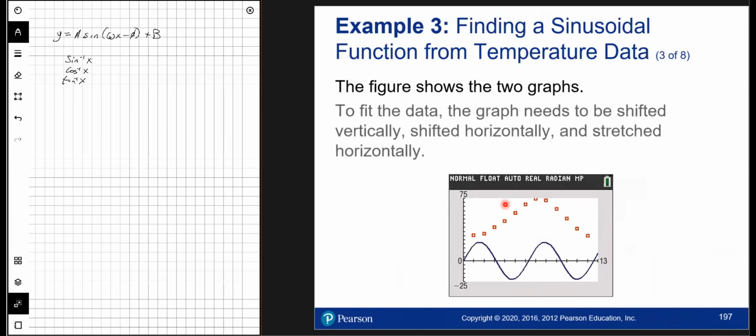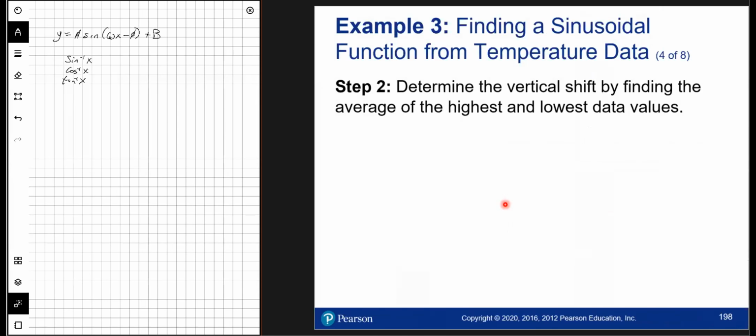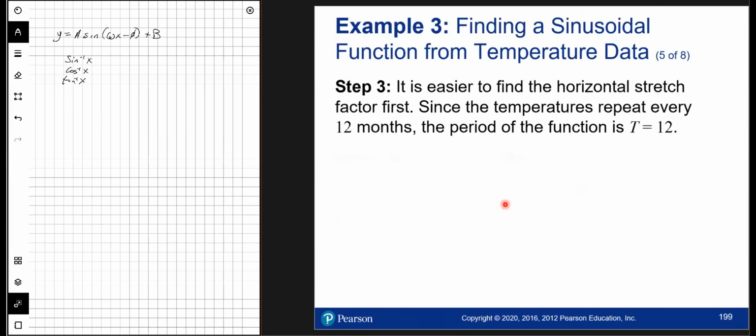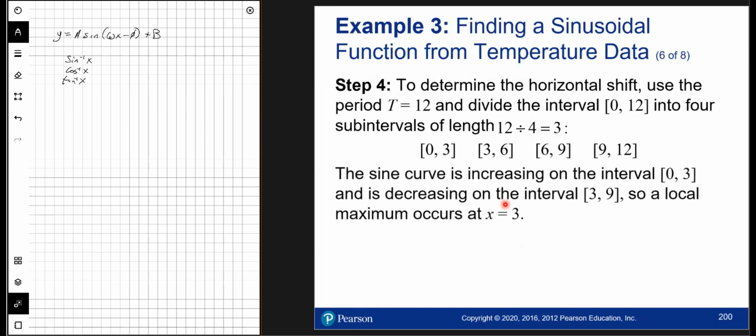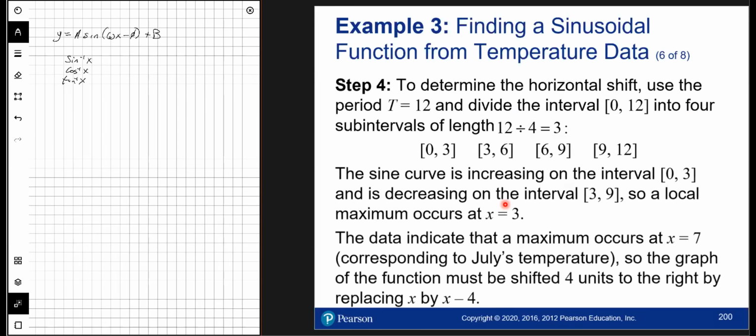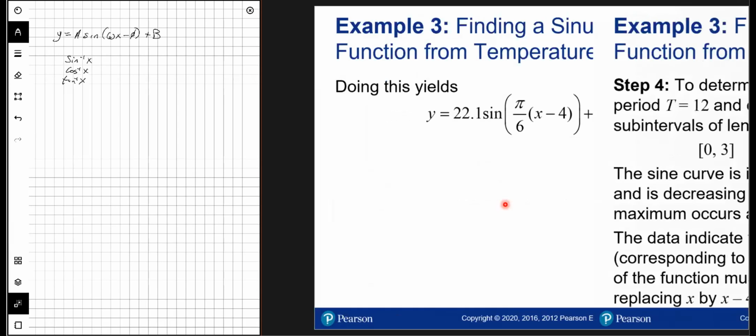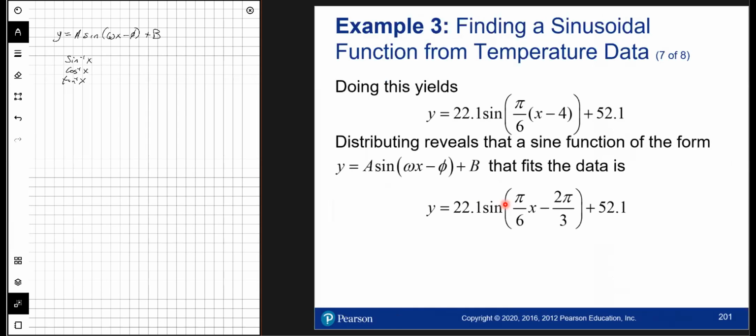I don't test you over this, but it's in the homeworks. And it's finding alpha, finding A, and finding what omega and phi are, and finding the B.